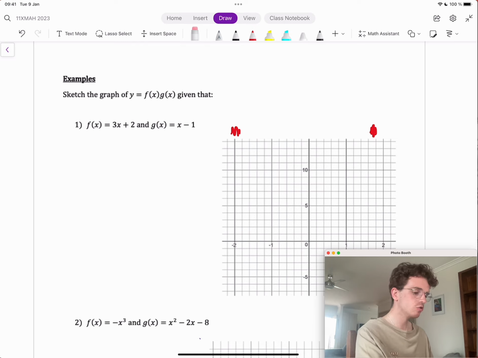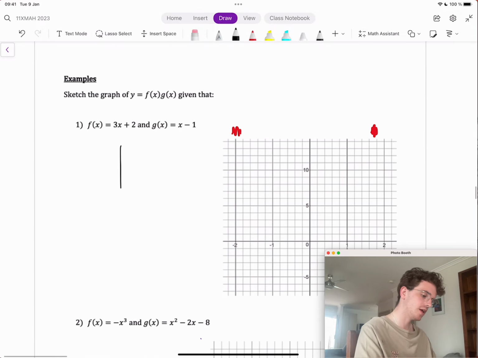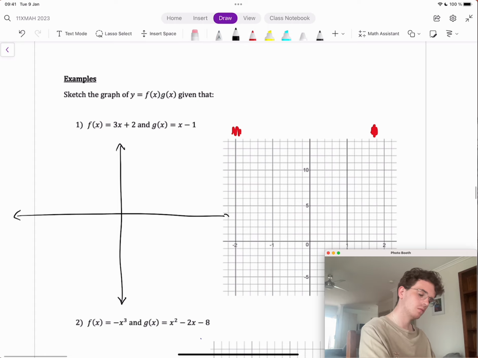So let's draw those two graphs, 3x plus 2. I think in class we actually abandoned that graph because the scale was weird, so we're just going to do it over here. 3x plus 2, well, I've got a 2 up here, and then a -2/3, so it's going to look like that.